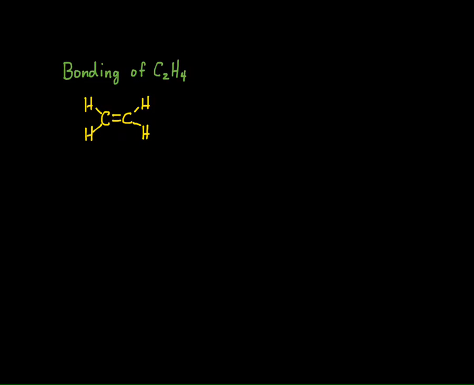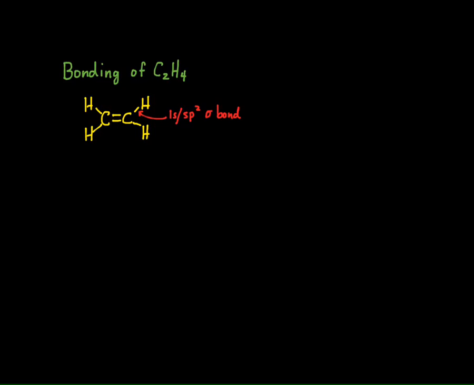And if I think about the bonding between a carbon and one of the hydrogens, it's going to be the same as the bonding of carbon and hydrogen in methane, except that instead of having an overlap of a 1s orbital with an sp3 orbital, you have a 1s overlapping with an sp2 orbital.